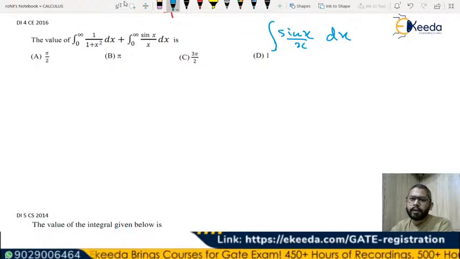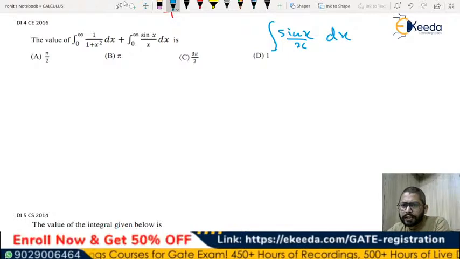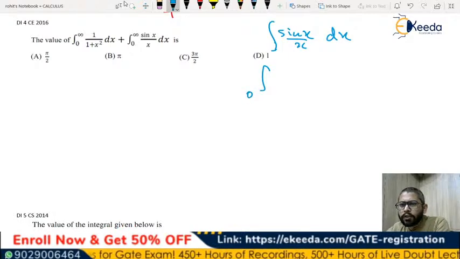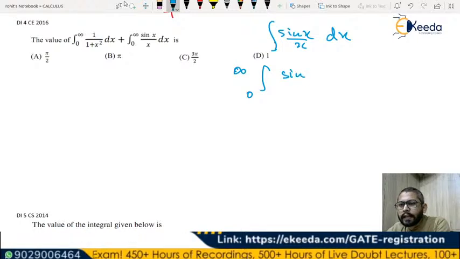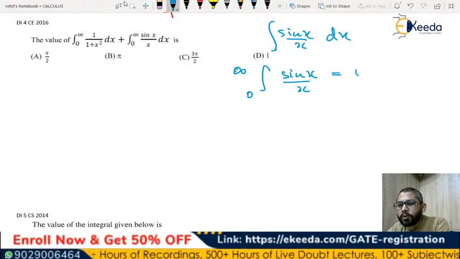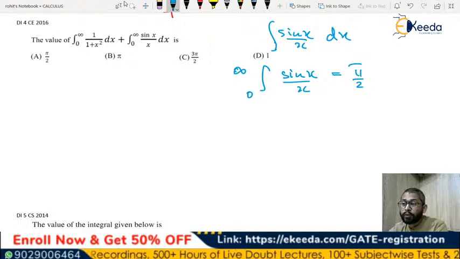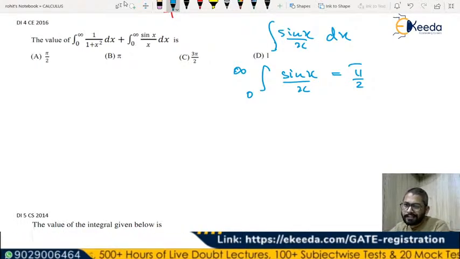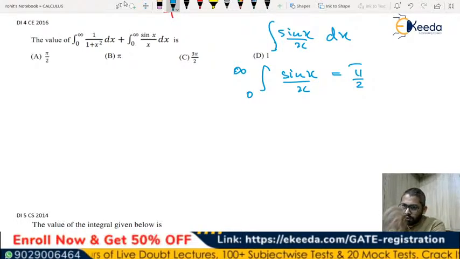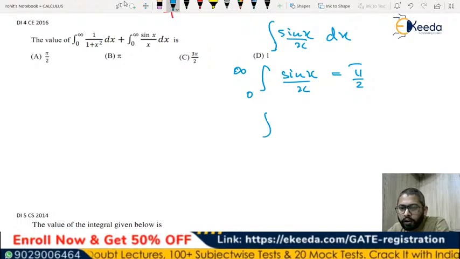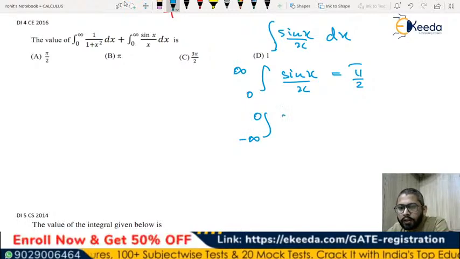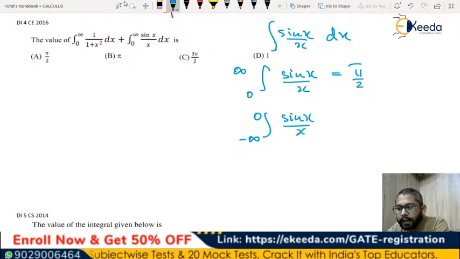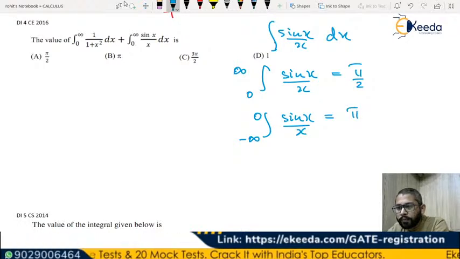It won't happen, right? Some of the results which you can use is from 0 to infinity sin x by x is pi by 2. You may get a direct 1 mark question on this. Or if it is minus infinity to 0, sin x by x is also pi by 2.